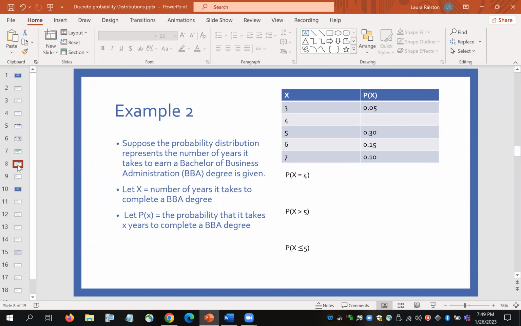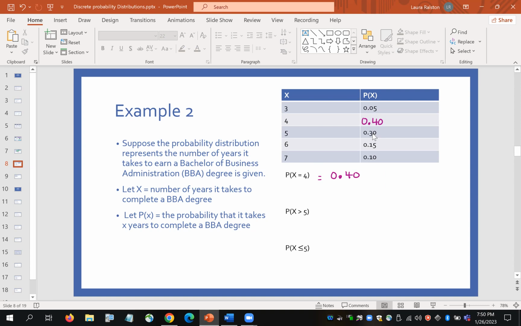Again, thinking about the problem, you know that the probabilities have to total to 1. So here I have 35, 50, 60. So the probability of 4 years would have to be 0.40. Again, because your probabilities must total to 1. So the probability that it takes 4 years to complete the BBA degree is 0.40 or 40%.